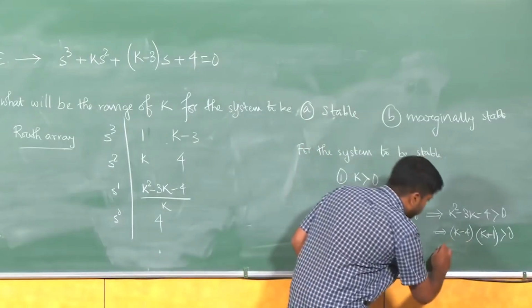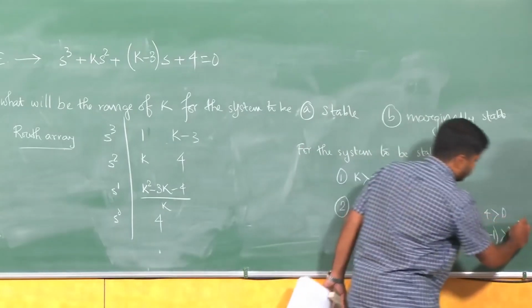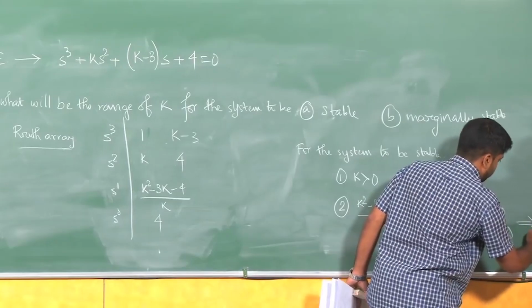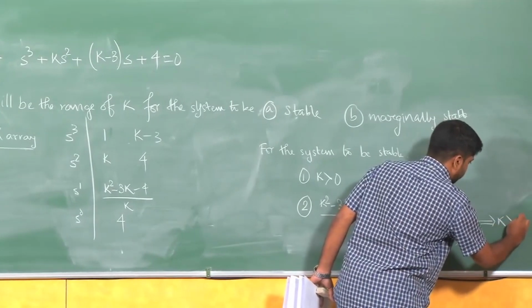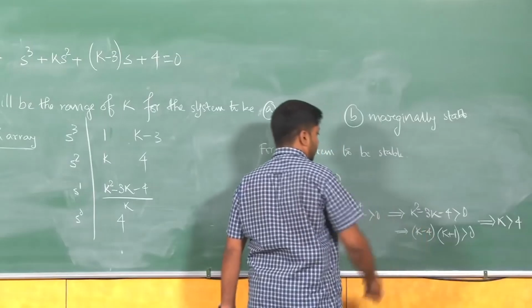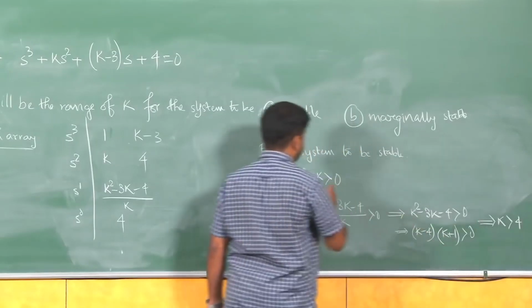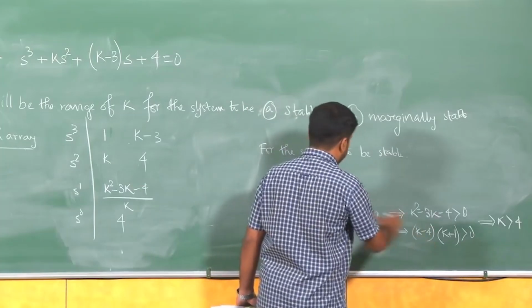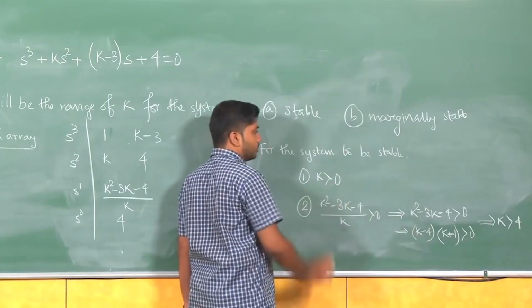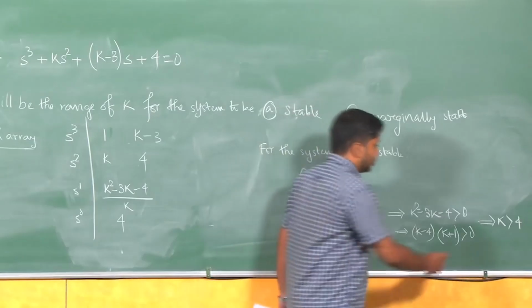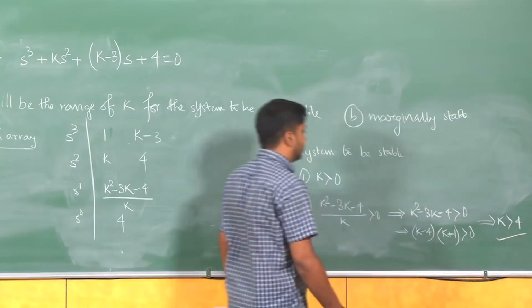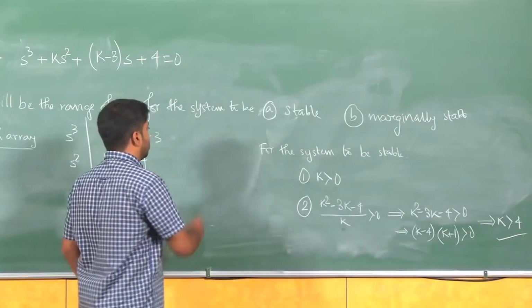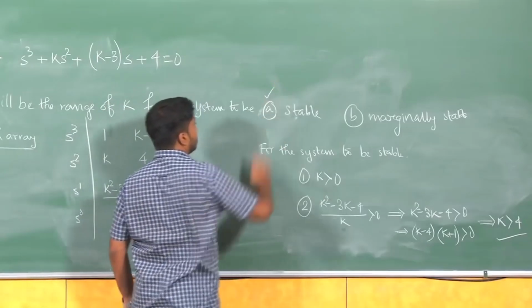Here we find that k is greater than 4, because k can't lie between minus 1 and 0, as it does not hold the first condition. So, k will be greater than 4 if the system is to be stable. So, part A is done.